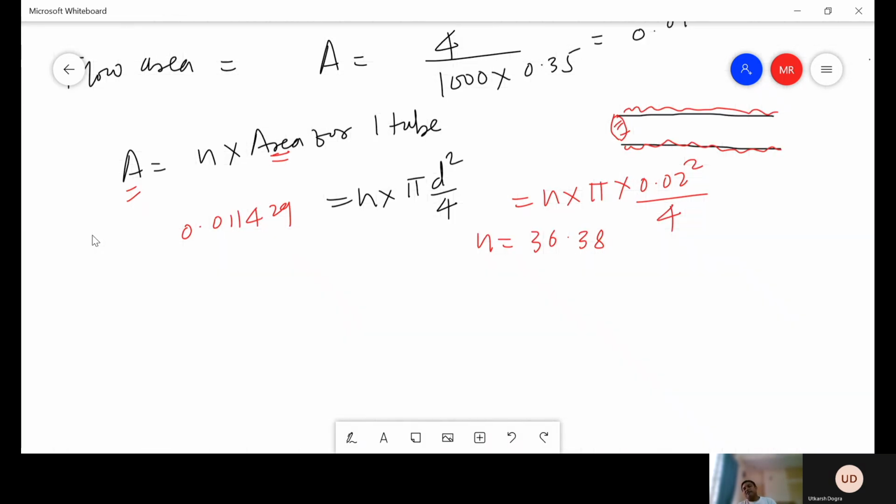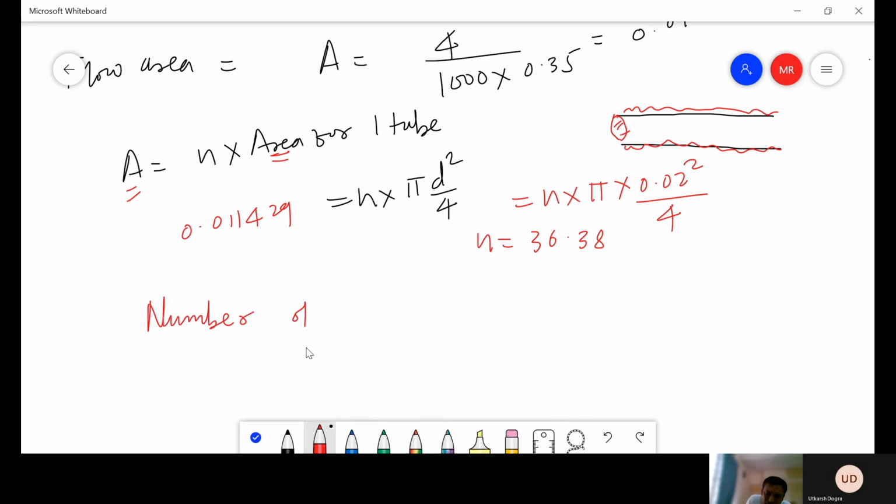So what does it mean? It means that in this particular heat exchanger, 36 tubes we have to use. So the number of tubes to be used is 36 approximately. Correct?